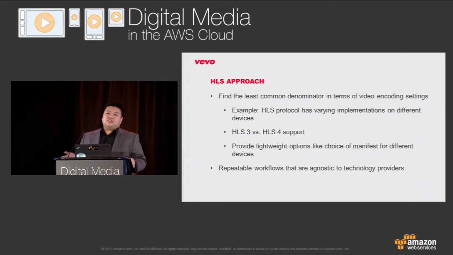So with HLS, our approach was really to find the least common denominator for your video encoding settings. Even within HLS itself, there are so many different variations, so to speak, or different implementations of it. Even within the Apple ecosystem itself, there are some features that work better or not at all on certain devices.